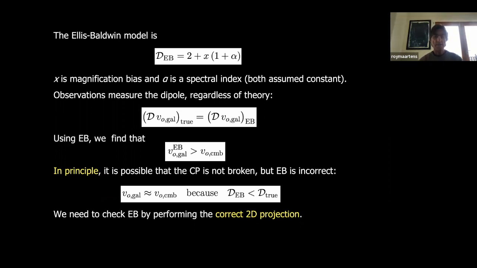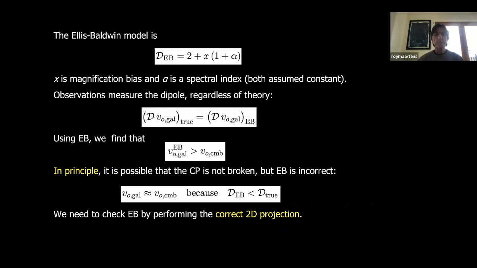So in that case, if in fact the cosmological principle holds and V_0 galaxies is equal to V_0 CMB, then that will be because the Ellis-Baldwin dipole factor D is less than the true dipole factor. And that's the crux of the point that I'm making. This means that we have to check the Ellis-Baldwin formula by performing the correct two-dimensional projection.